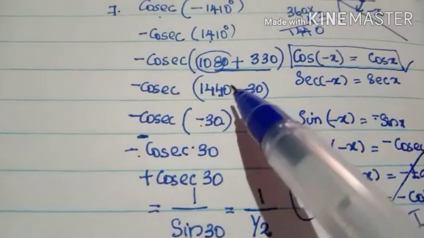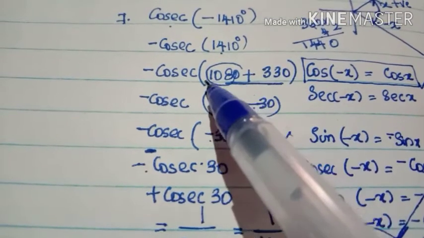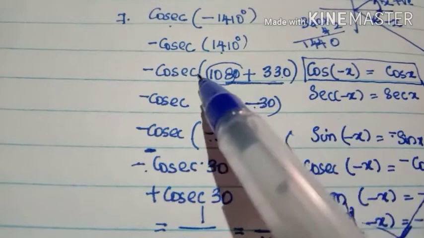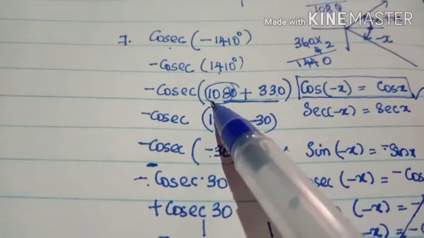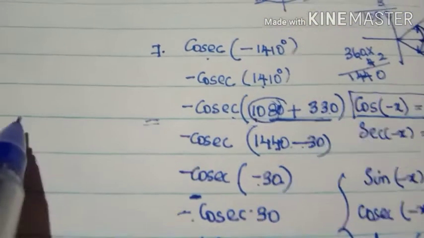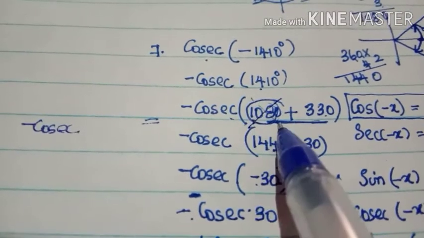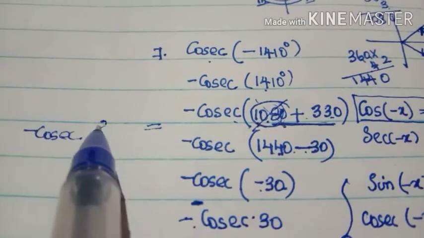We can continue the same problem with this step. 1080 plus 330. This is rotation, 360, 3 times rotation, isn't it? So from here we can just turn, listen, minus cosec, just avoid this angle because it is rotation, plus 330.